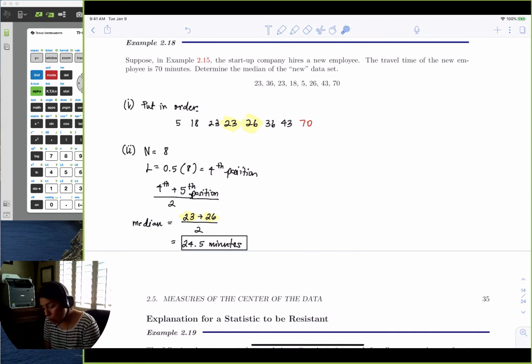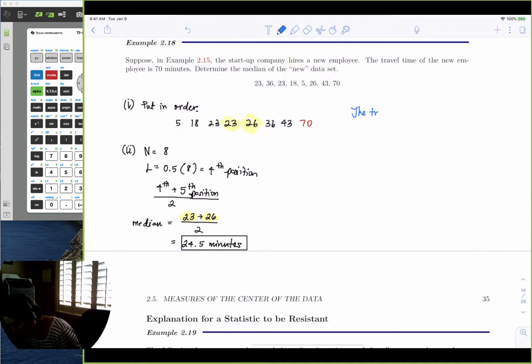You would think, whoa, this person's 70 minutes when the largest time that someone took to get to work was 43 and now someone takes 70. That's going to be way up there. And actually it didn't really change that much. It only weighted a little bit, 1.5 minutes. So we can see, let's write a note.